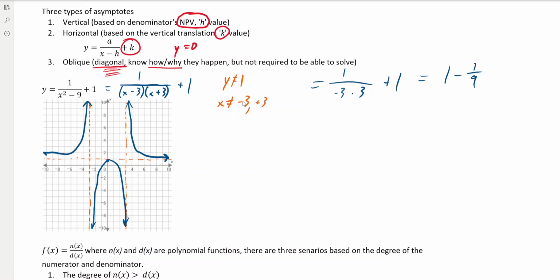Let's do a couple quick checks. What if y equals 0? Are there any values of x that can make y equal 0? If y equals 0, then we're solving this equation.